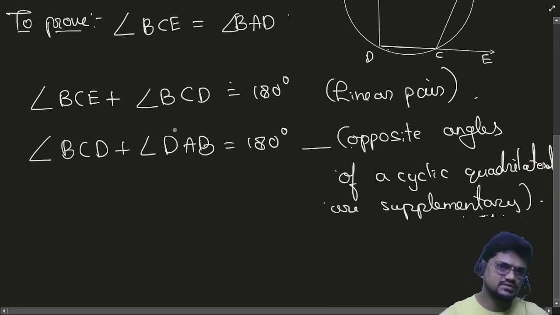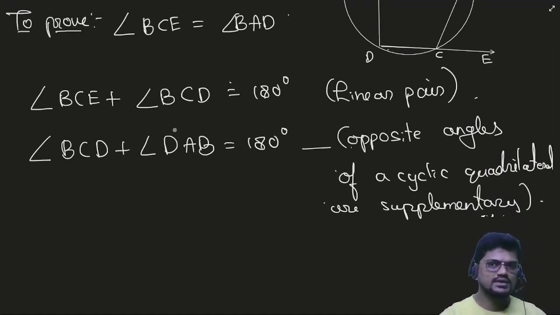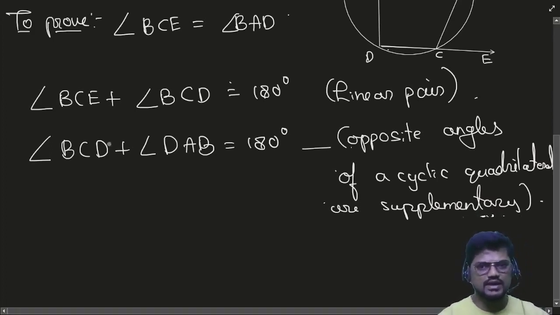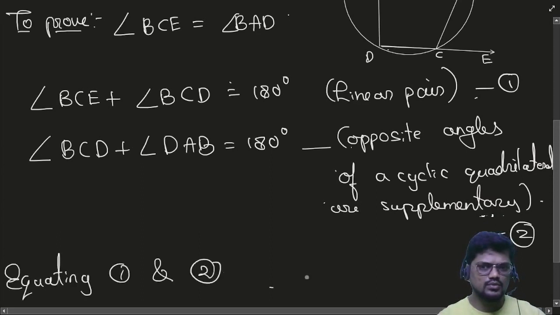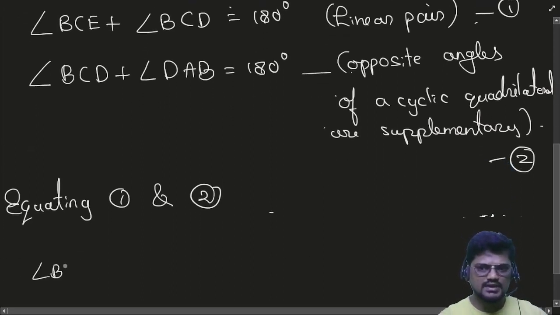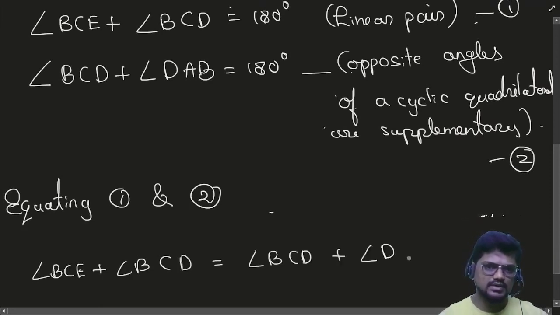Now, once you know this, what can I say? Angle BCE plus BCD is 180 and angle BCD plus DAB equals 180. If this is 1 and this is 2, equating 1 and 2, what do I get? Angle BCE plus angle BCD is equal to angle BCD plus angle DAB.